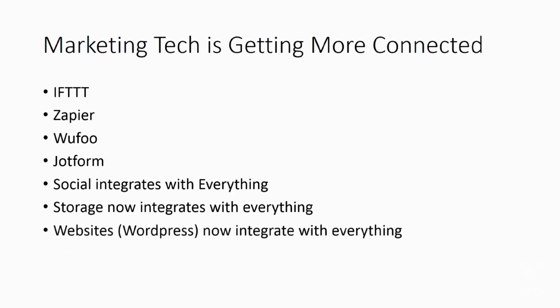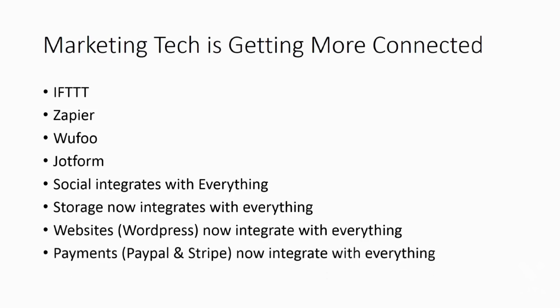You can now use your WordPress website in particular and integrate with just about everything that we have talked about. And now you can even integrate your payments, PayPal and Stripe and anything else you use. Some of you probably even use something called Bitcoin. You can do just about anything that you want and integrate and connect these things.